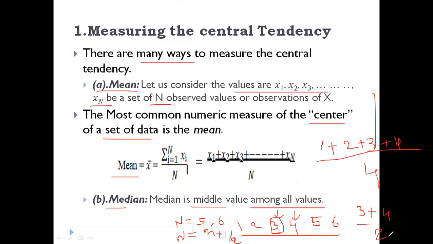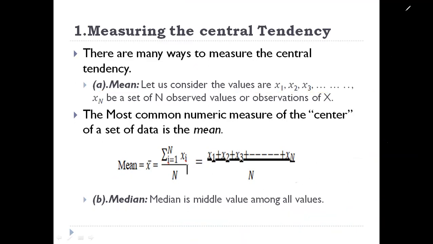This is the calculation of the middle value, or central value, for the median if your n has an even value. If the given data set has an even number of values, take the middle two values, add those two values and divide by 2, right?